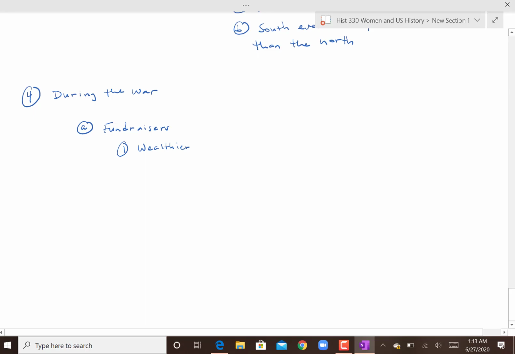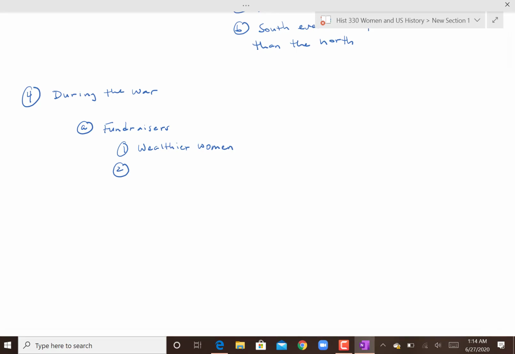Because we'll see the different ways that women participated in the war, and the fundraisers tend to be structured towards the wealthier women, which included Martha Washington and some other very well-known wives of high-positioned, high-status husbands.